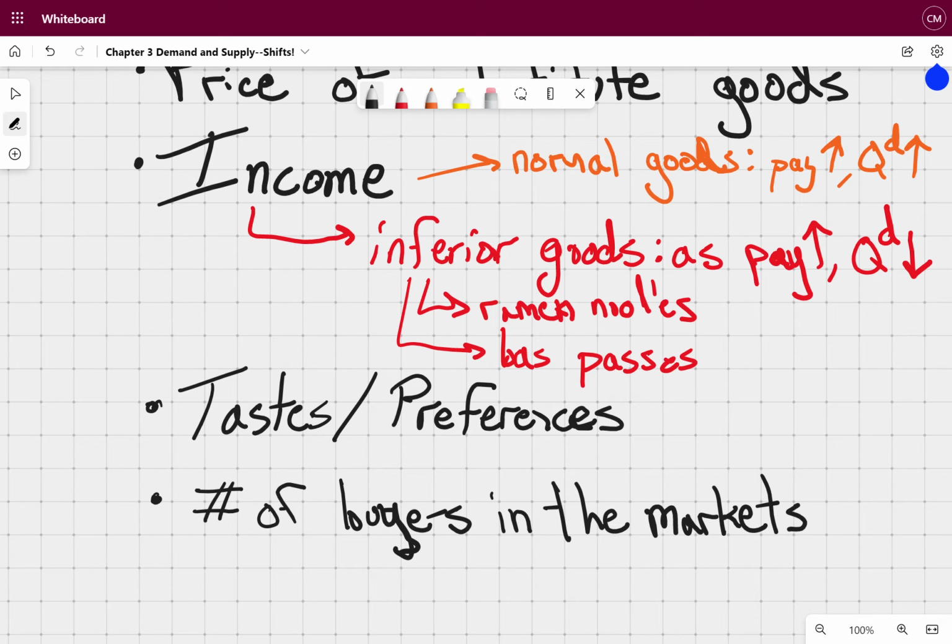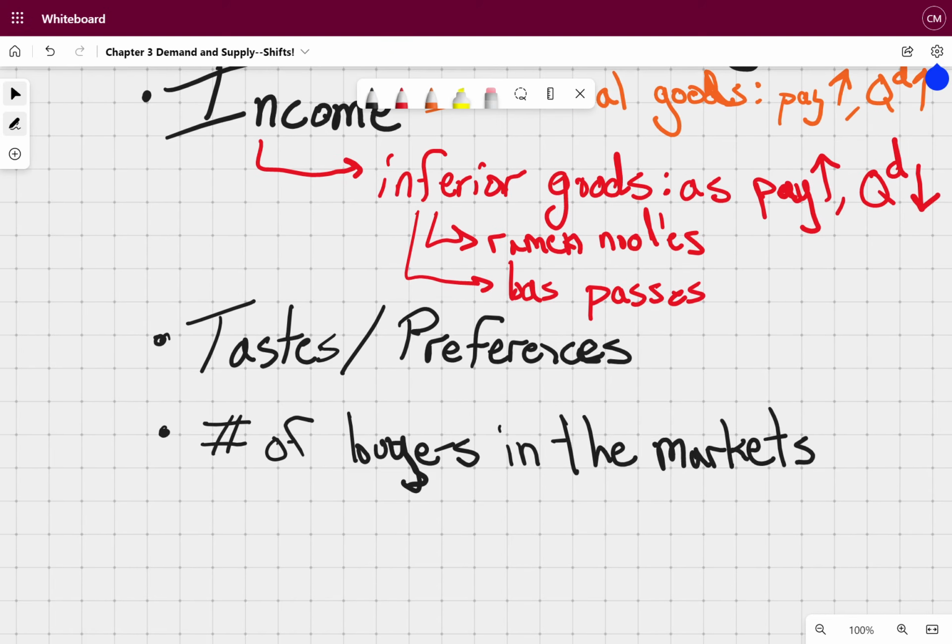So as a country comes online and starts to order things off Amazon or whatever the case may be, that's going to shift demand to the right. There's also going to be demand shifts to the left, say, because of just the loss of human life because of COVID, right? That would be a decrease in the number of buyers in the global market or in a lot of these different markets, right? So that would cause a shift leftward or a decrease in demand.